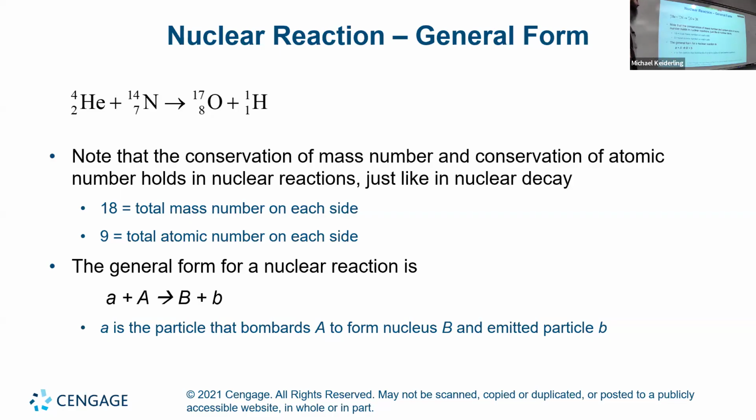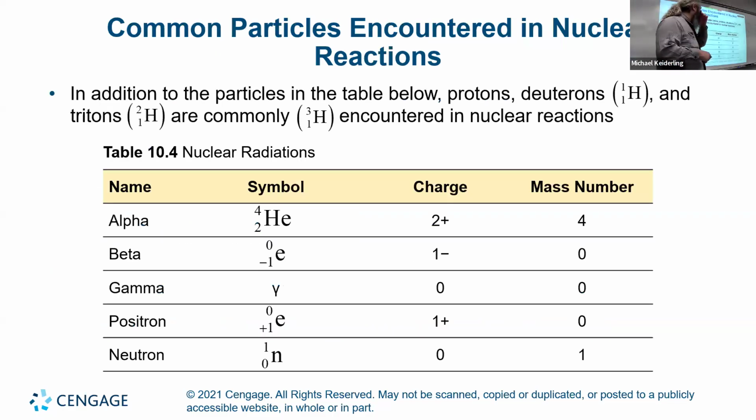And the general form for a nuclear reaction is A plus a equals B plus b. So you get nuclei A is bombarded with particle a to create nuclei B, which emits particle b.